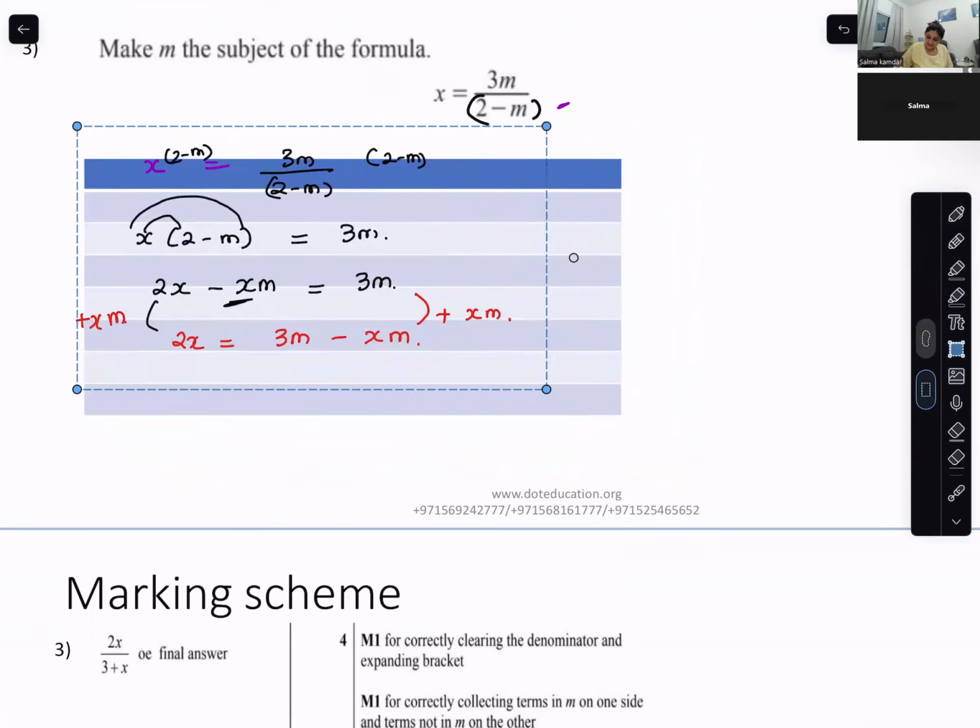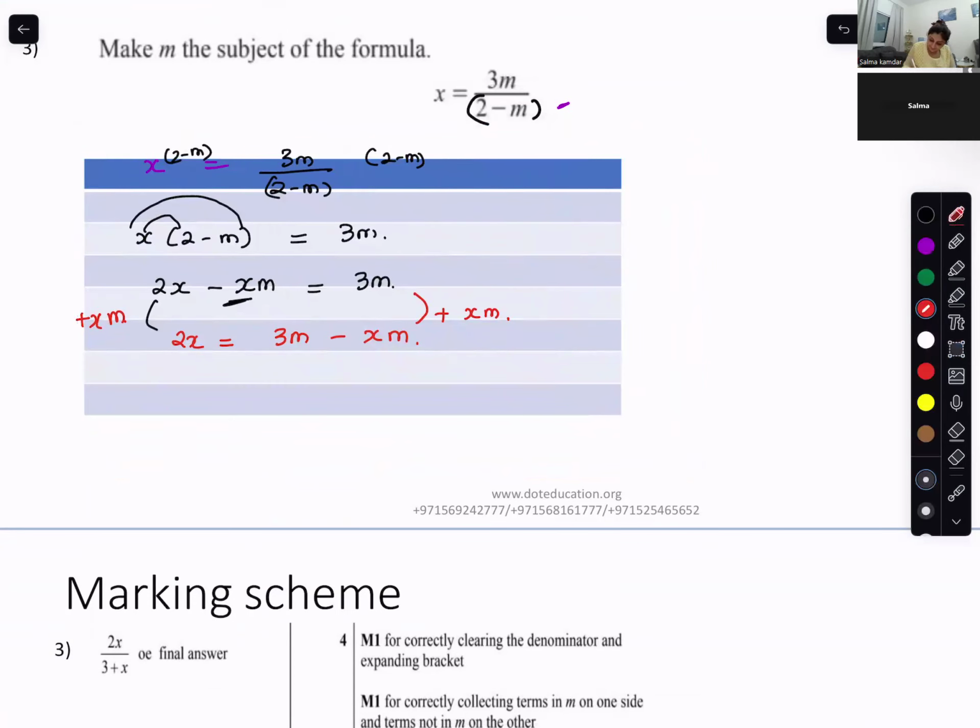Now what I can do is I can factorize over here. I can see m is common. So I will remove m over here. Whatever is left will be inside the brackets. So it's 3 minus x. I've achieved m. I can get it on the left.